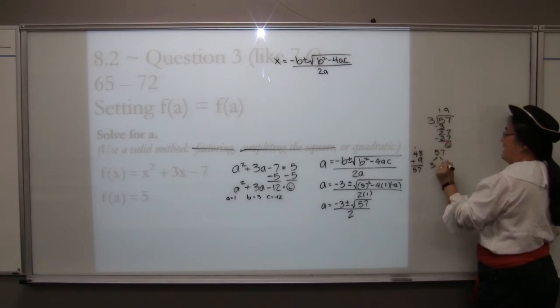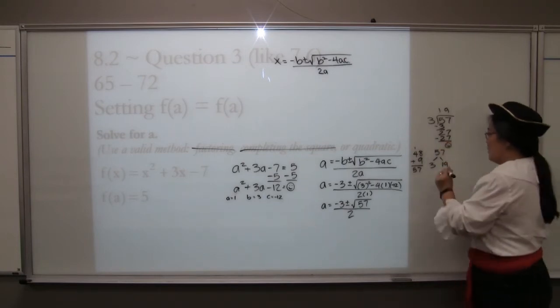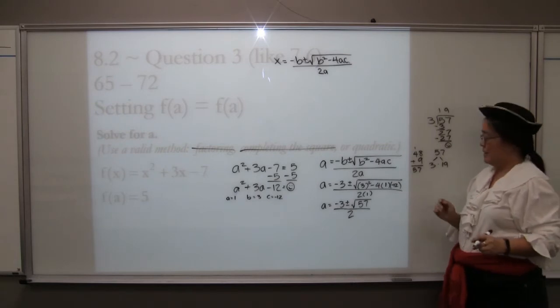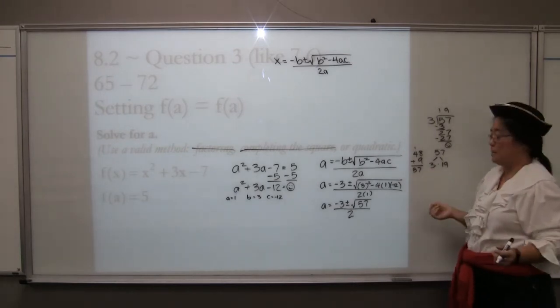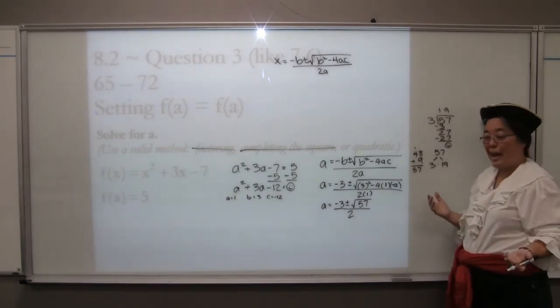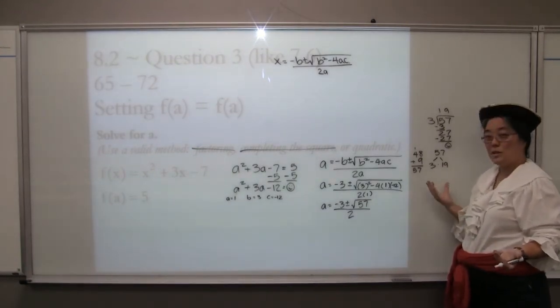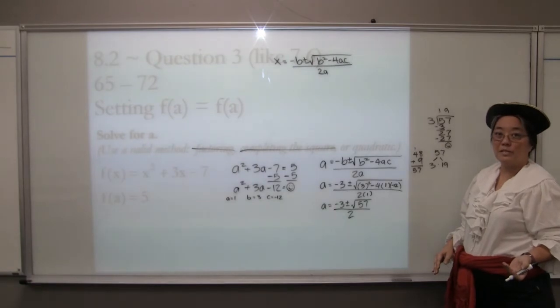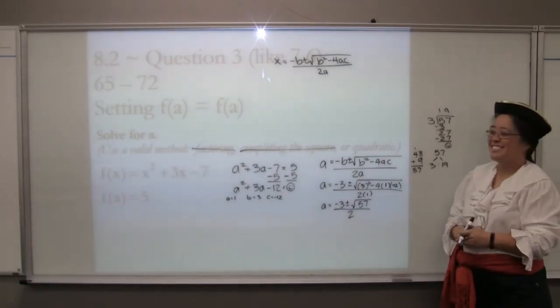Yay! Well, 3 times 19 is 57, but 3 is a prime number, it doesn't break up any further. 19 is a prime number, it doesn't break up any further. And I don't have any pairs. I cannot simplify the square root of 57, but it is a good thing that I checked.